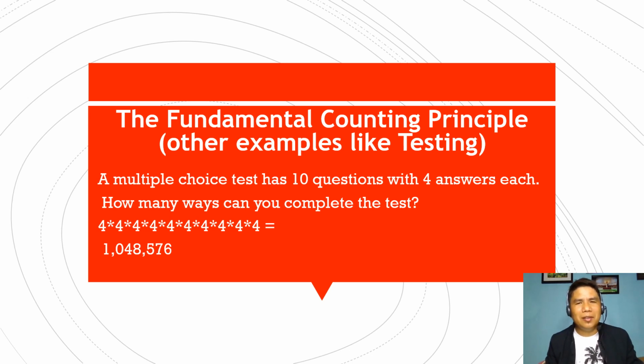The total count is 1,048,576. That means this number refers to the number of ways one can complete the test, which is a 10-item quiz with 4 choices in every item.